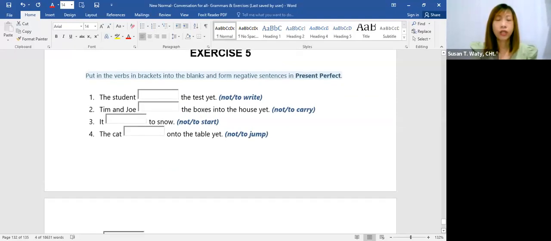How are you going to negate the negative sentence in the present perfect? Okay, remember guys, in present perfect, the formula is going to be subject plus has or have plus the past participle verb, right?